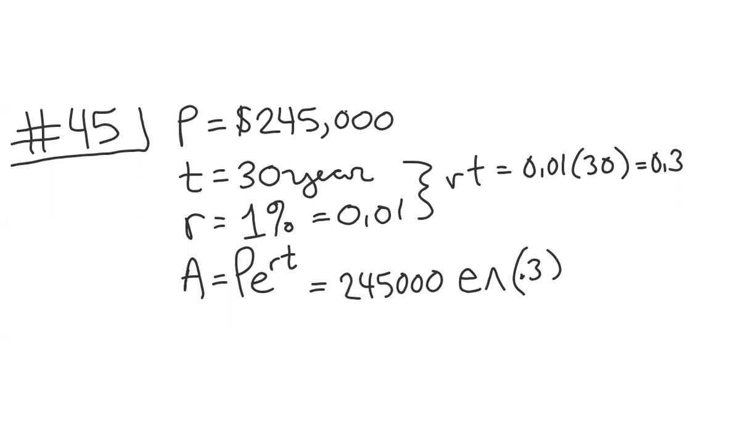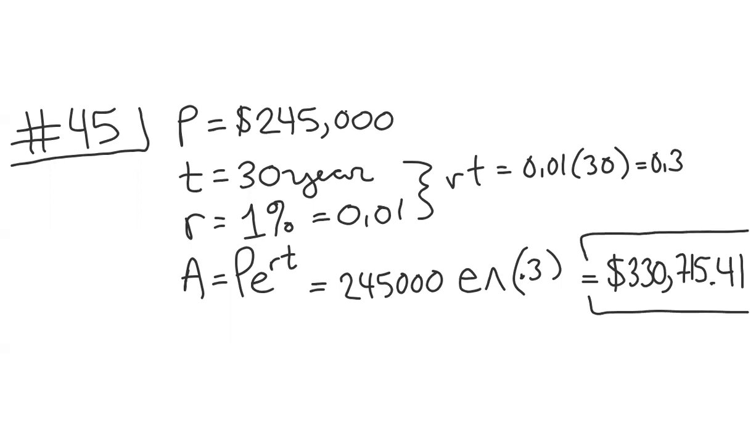And then we'll enter this into the calculator, 245,000 times e to the power 0.3 gives me the value in dollars, $330,715 and 41 cents. So this is the value of a house in 30 years with a 1% inflation rate.